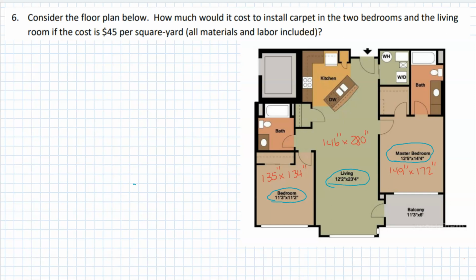So what we need to do is to go and find the area, right? When you're talking about carpeting, you are covering the flat space, which defines area. So this would be 18090 square inches.